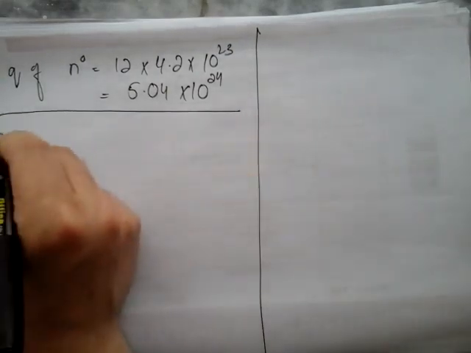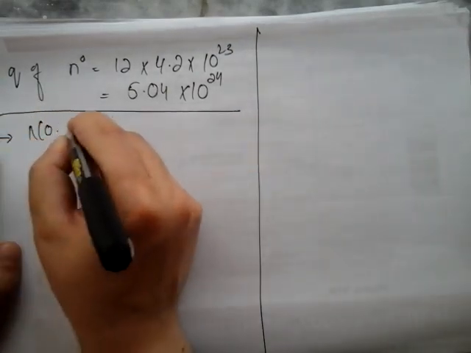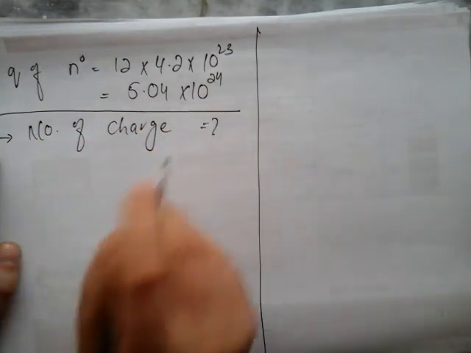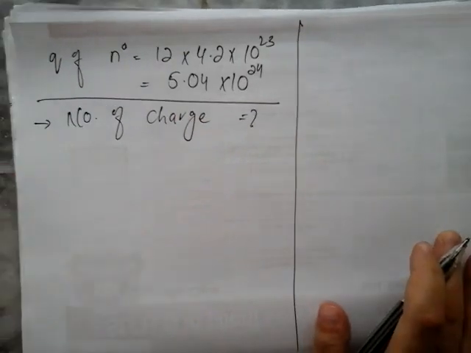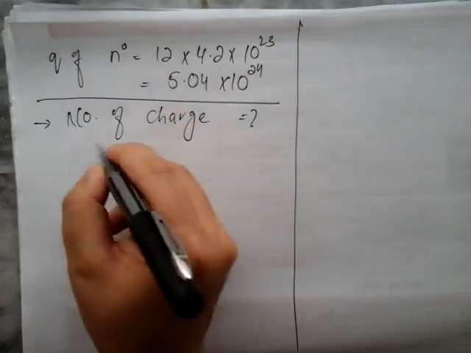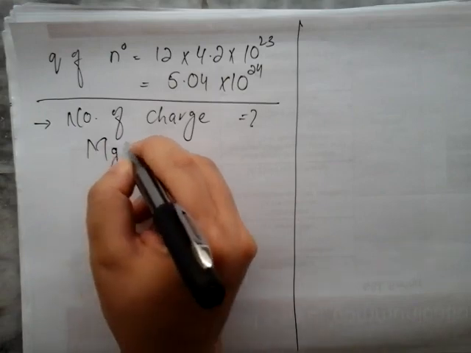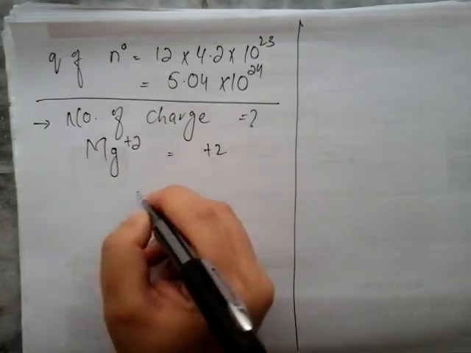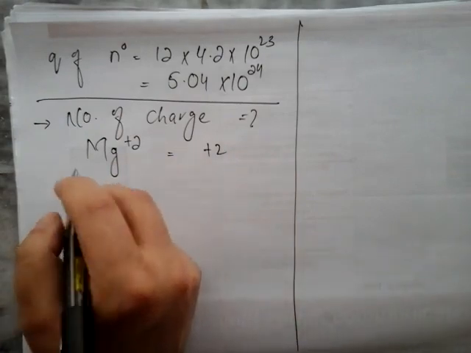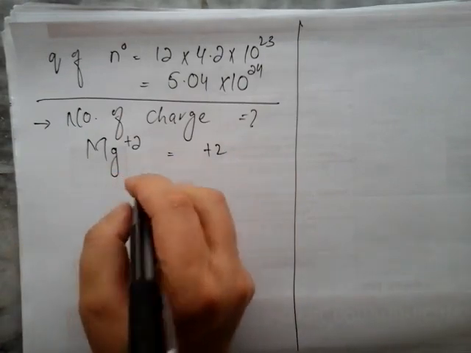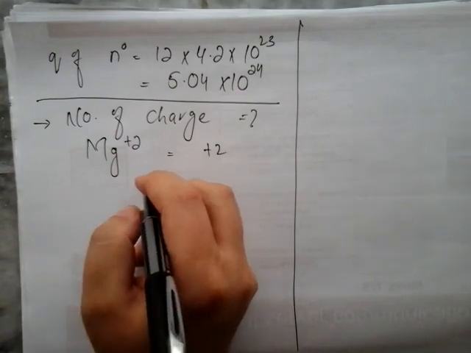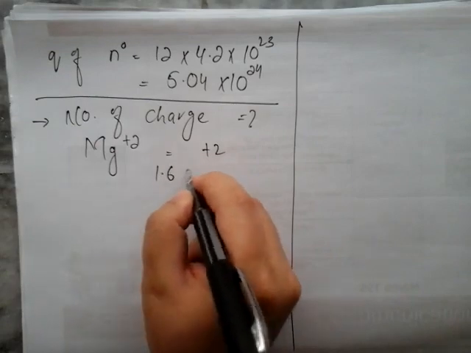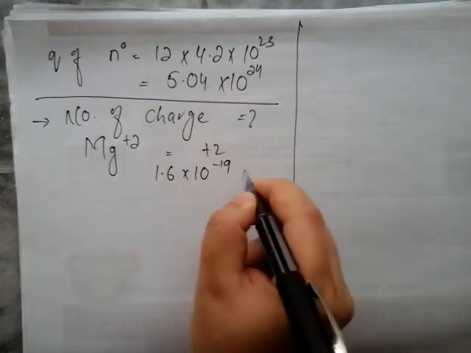Next, most importantly, they ask for the total charge. Very important, this type of question does come in exams. If you look at magnesium, the charge is +2, and the constant value for the elementary charge is 1.6 into 10 raised to power minus 19 coulomb.